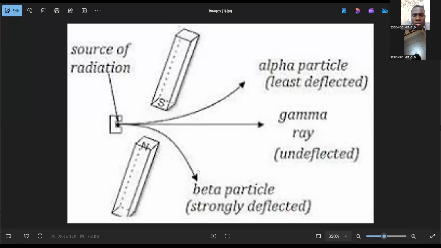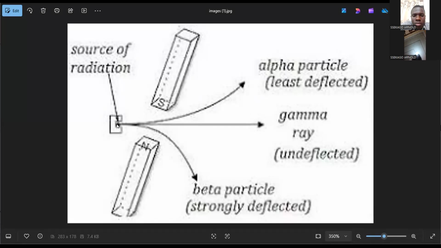A magnetic field, as I have told you, has two poles, the south pole and the north pole. Here we have the source of radiation. For example, the source of radiation can be the nucleus of a heavy atom.